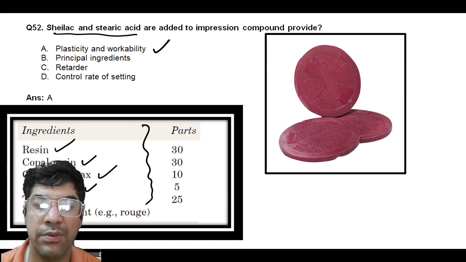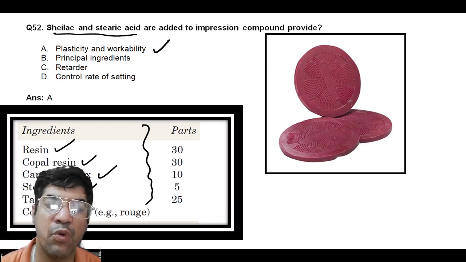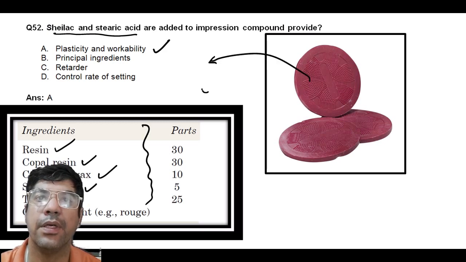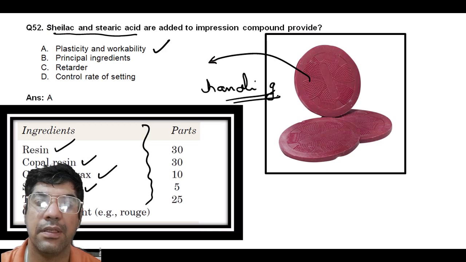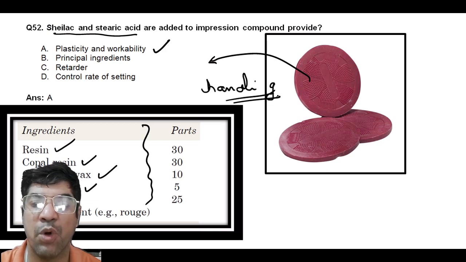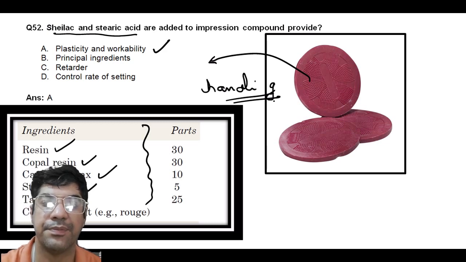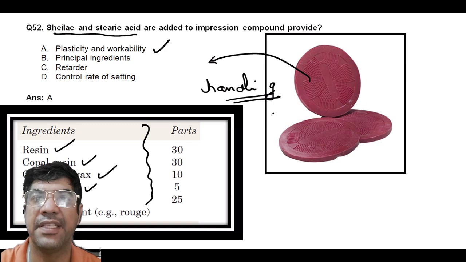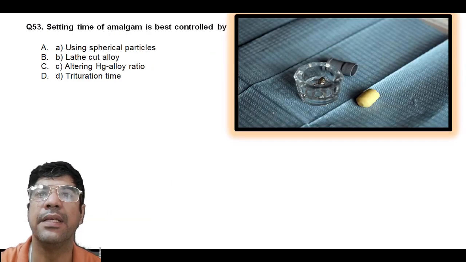So shellac and stearic acid help to improve the handling characteristics of the impression compound. That makes it more malleable and easy to manipulate during the impression taking procedure.